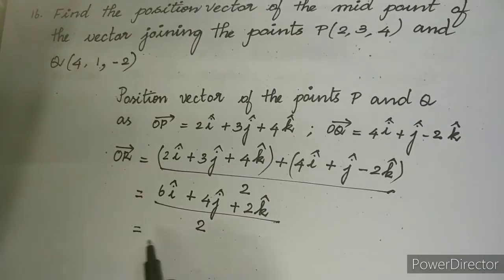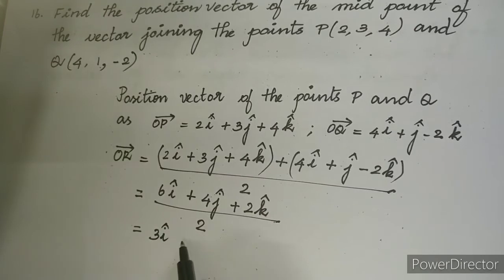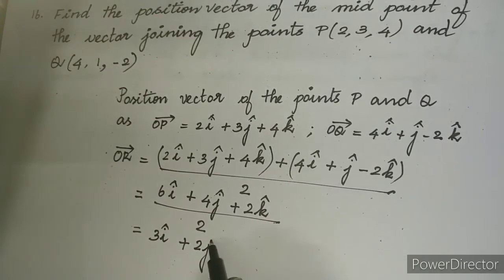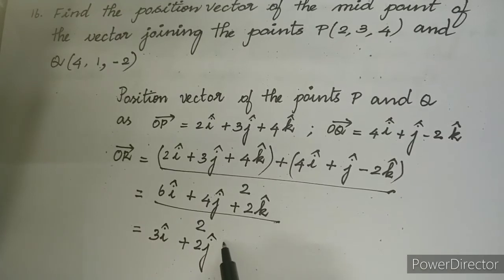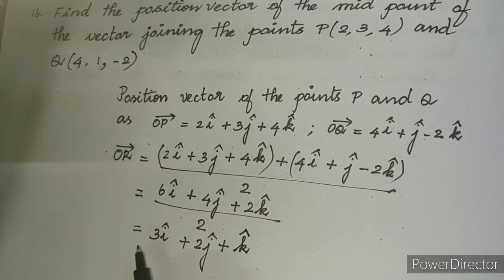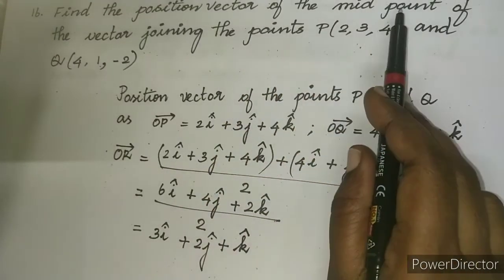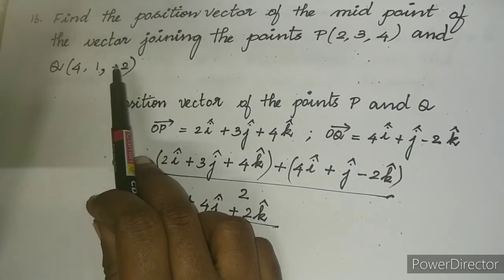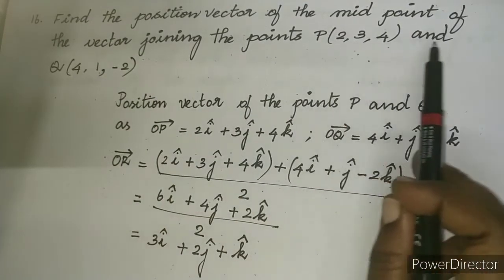So 6 by 2 is 3 i cap, plus 4 by 2 is 2 j cap, plus 2 by 2 is 1 k cap. This is the position vector of the midpoint R of the vector joining the points P and Q.